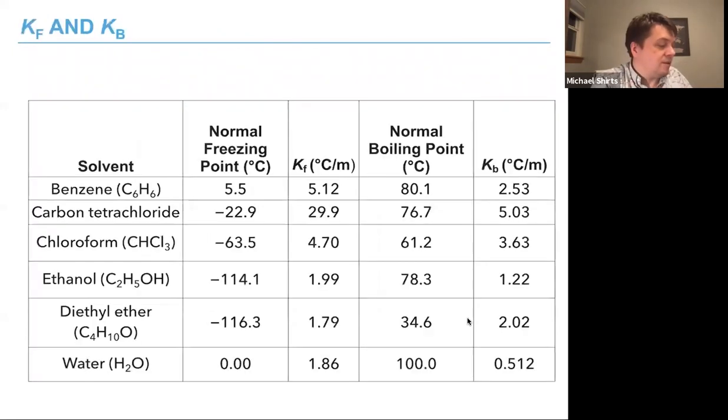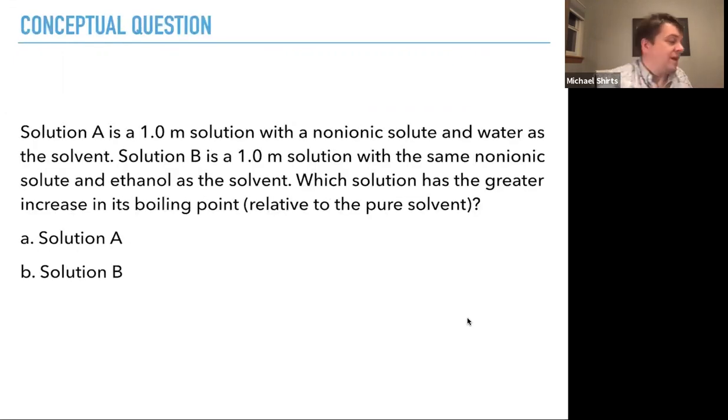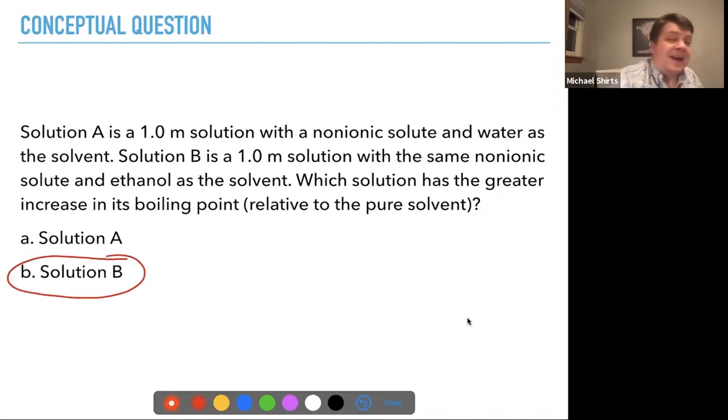Conceptually, what we see is that ethanol has a larger boiling point constant. So with the same amount of solute, lowering the concentration of the solvent by the same amount, its boiling point is changed more. So the answer will be solution B. Ethanol is more affected by a change in the concentration of the solvent, which we tabulate in terms of the amount of solute.